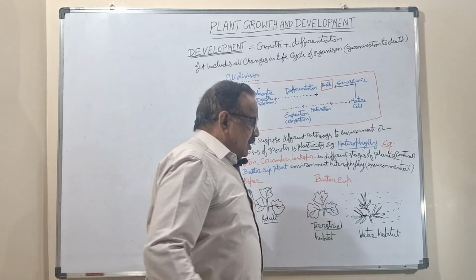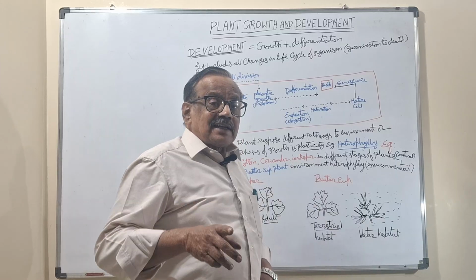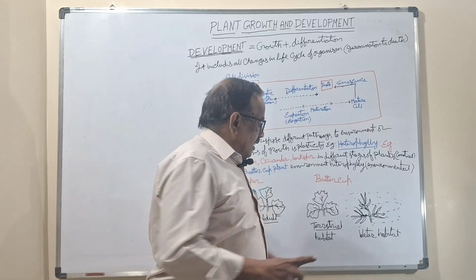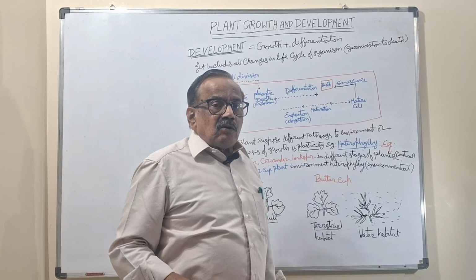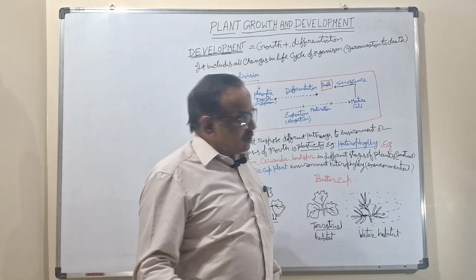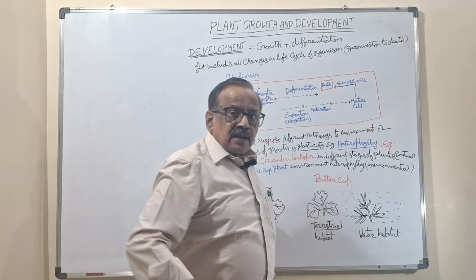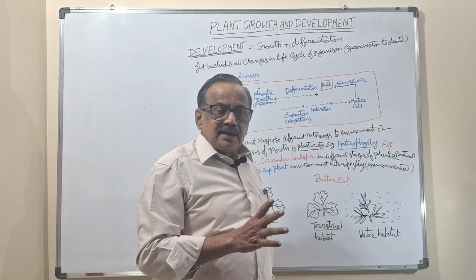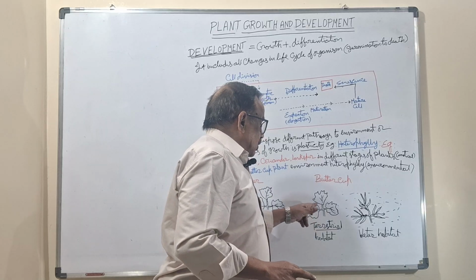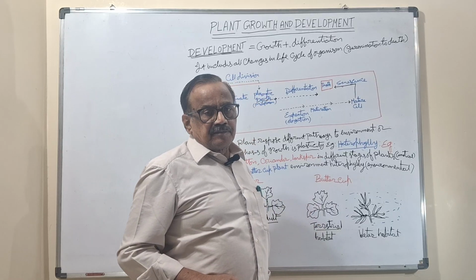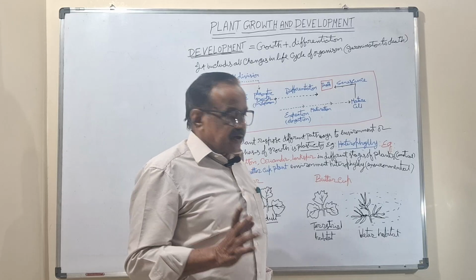That is the buttercup. Buttercup will act as terrestrial and aquatic. Terrestrial means it can grow on the land, and it can grow in the water also. But whenever it is growing in the terrestrial condition, it used to show the trifoliate palmate compound leaf.